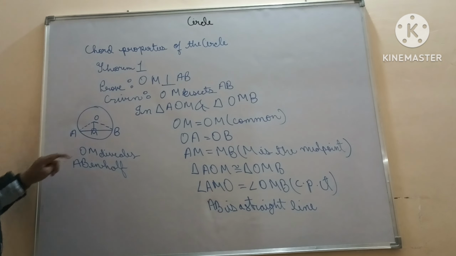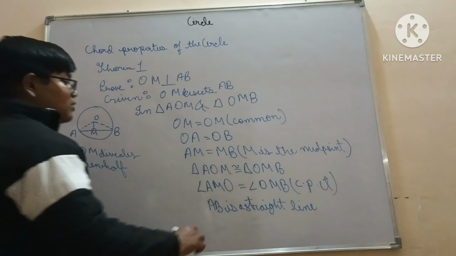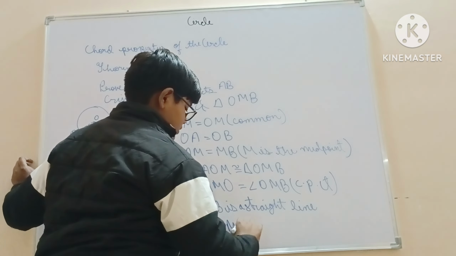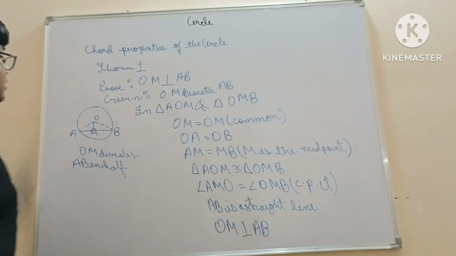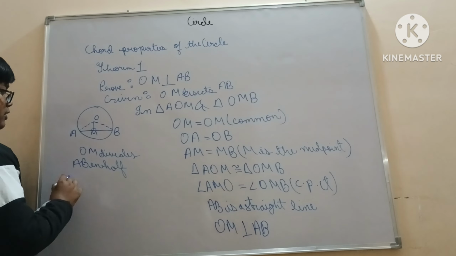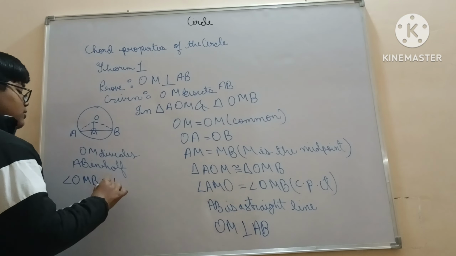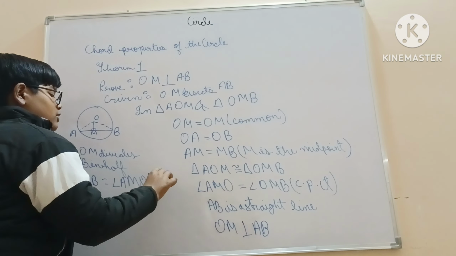So OM is perpendicular to AB, as both the angles are 90 degrees: angle OMB is equal to angle AMO, which is 90 degrees.